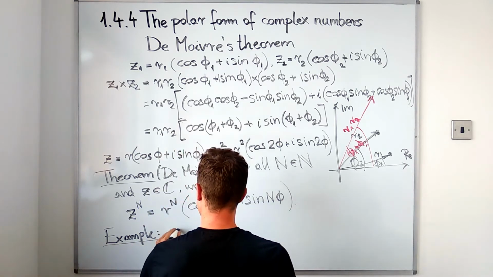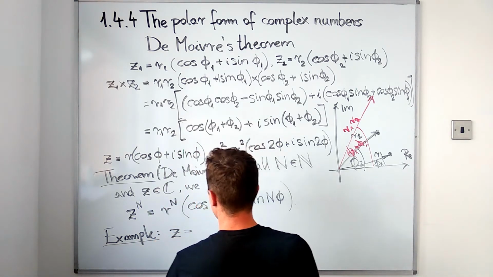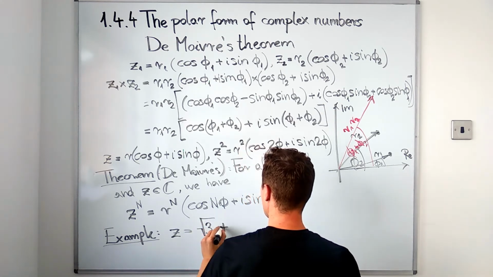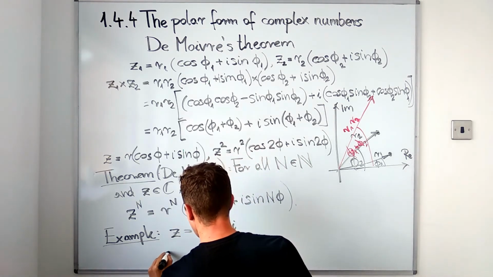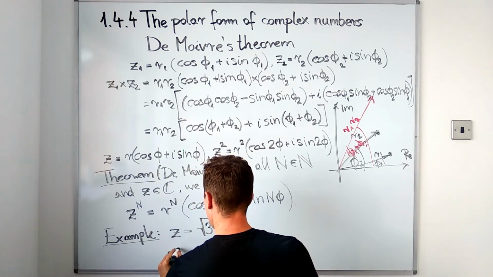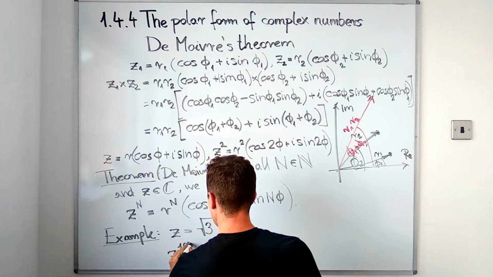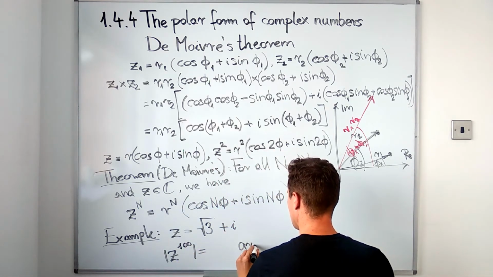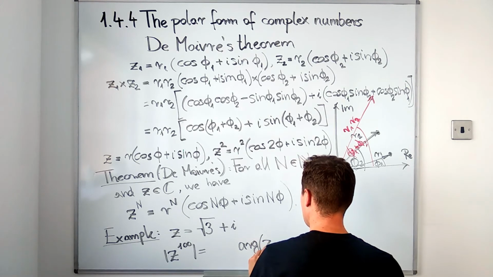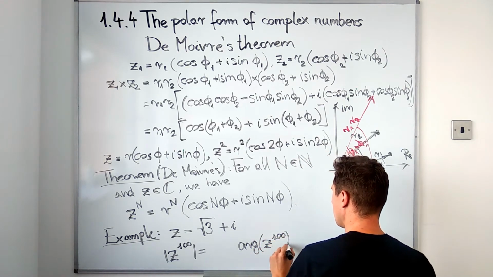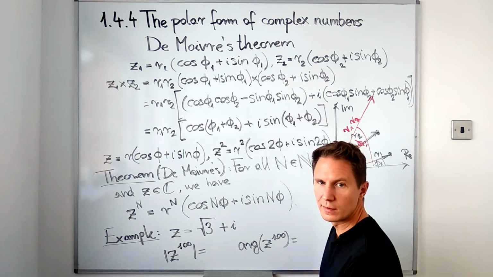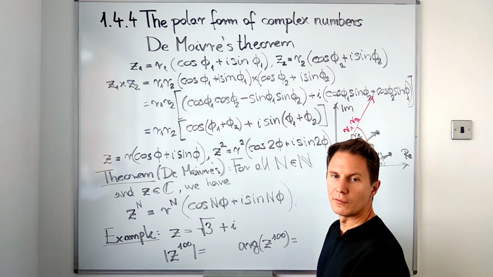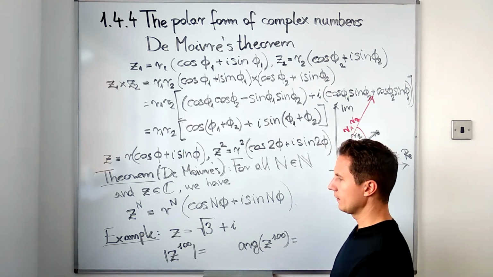Let's take the number z to be root 3 plus I, and I would like you to calculate the length of z to the 100 and also the argument of z to the 100th power. Okay, pause the video, calculate these quantities, input them in the box below, and I will give you the answer after you have done that.